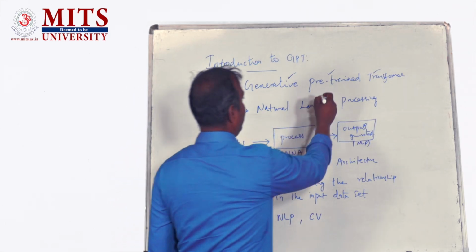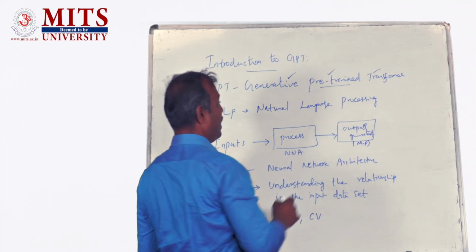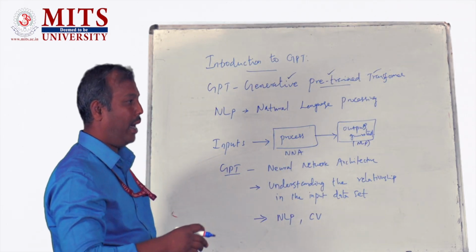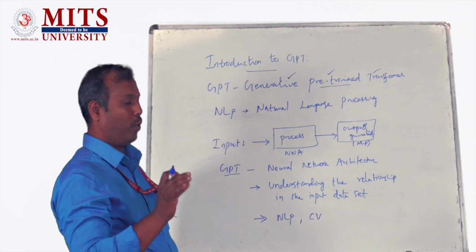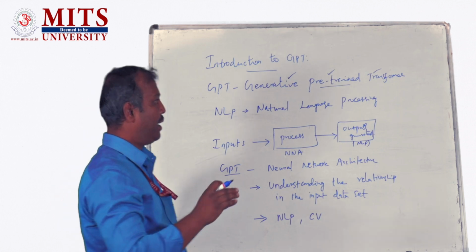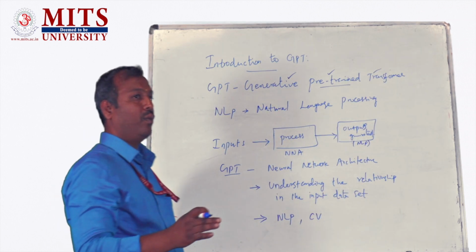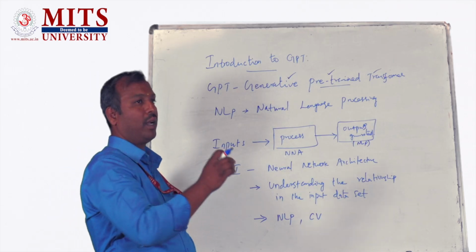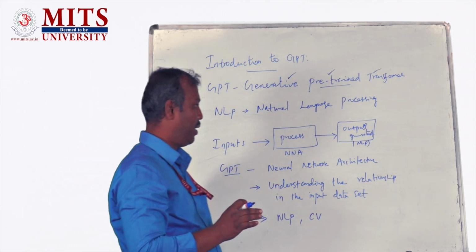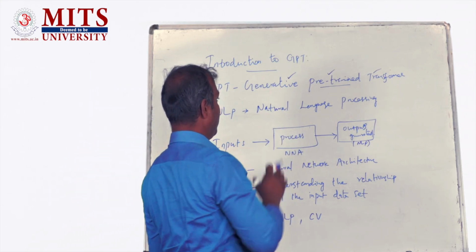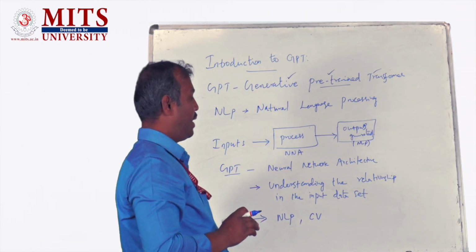And what is called pre-trained? It is already trained and checked for the output. And transformer is able to convert input data into the required output format. This is GPT, generative pre-trained transformer.